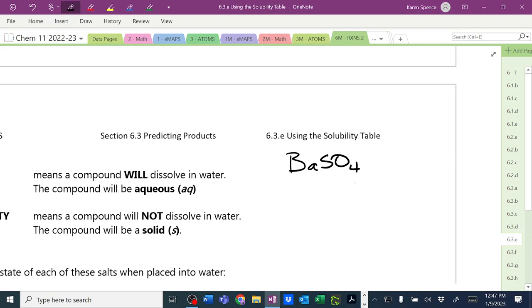What do you guys think? Will it dissolve or not dissolve? Everyone go.